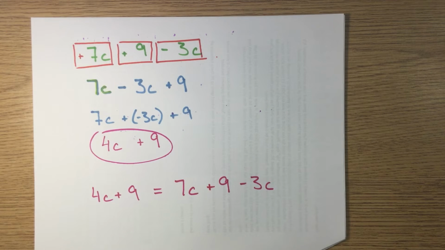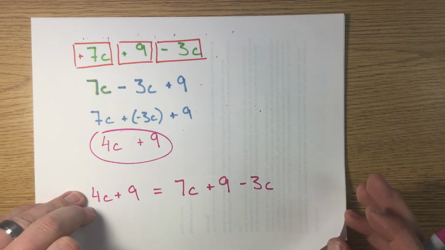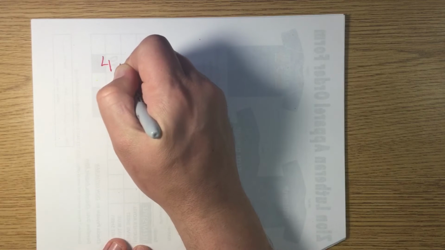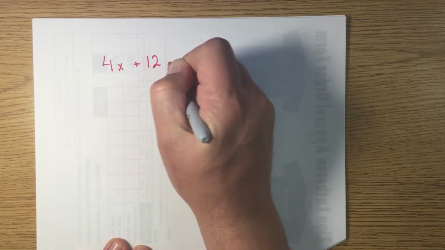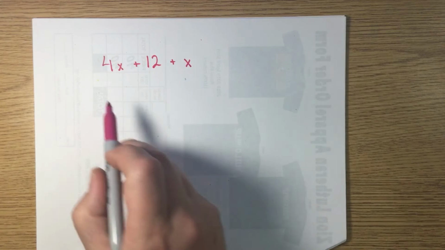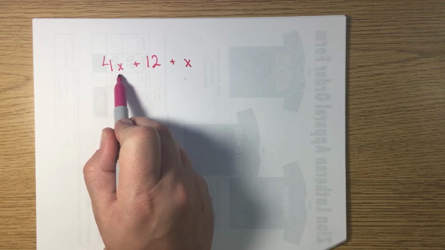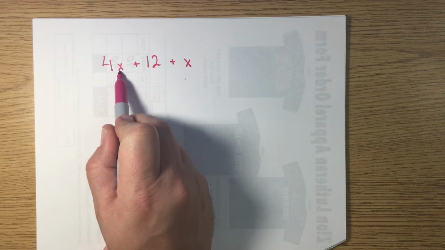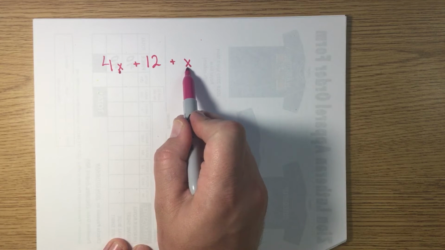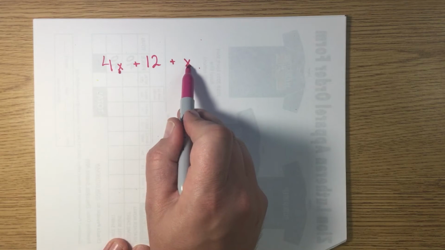The coefficient of the term that has a variable is the number part of the term, but it's also worth noting that if I have a variable that doesn't have a coefficient, so for example, I might have 4x plus 12 plus x. Remember, like terms have the same variable part. So here's a variable part, x. Here's a variable part, x. Those are identical. These are like terms, 4x and x.